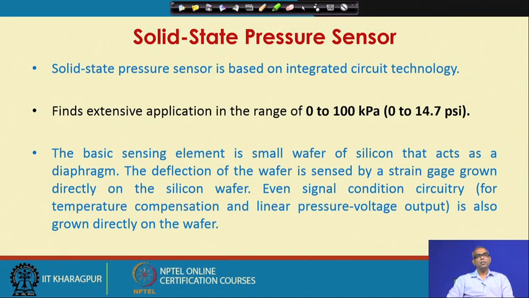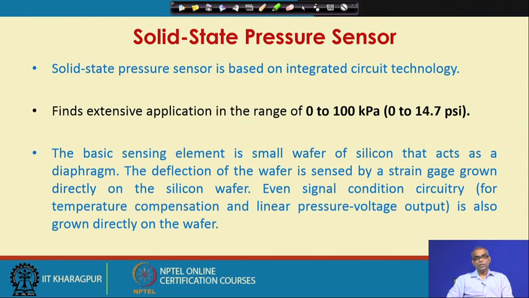So, how do I measure the deflection of the diaphragm? One way to do that is to use a strain gauge. We have talked about strain gauge when we talked about transducer elements. So, now what we can do is grow a strain gauge directly on the silicon wafer.